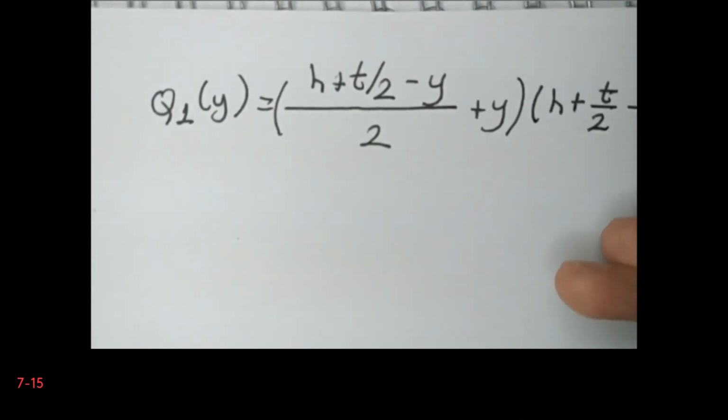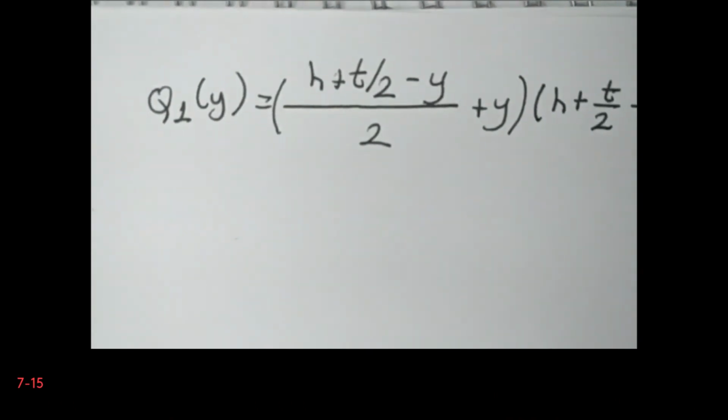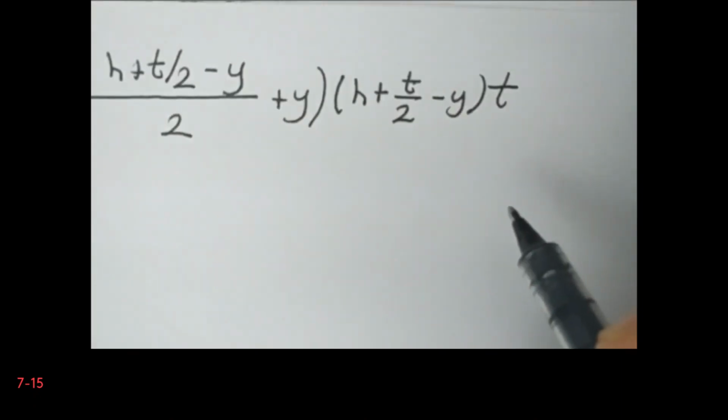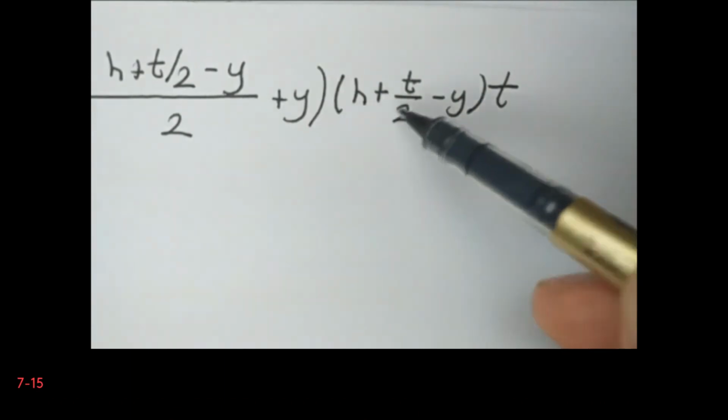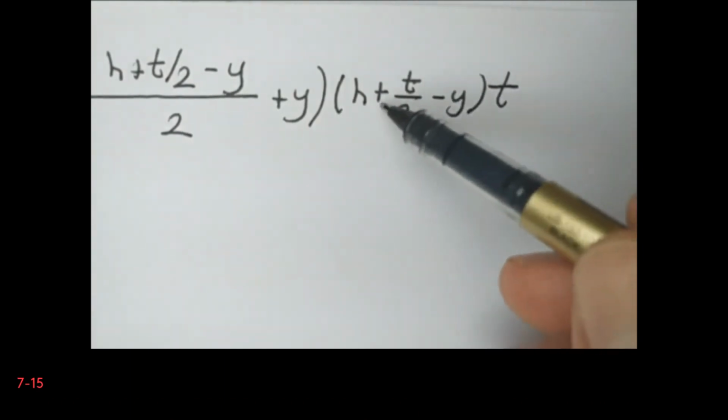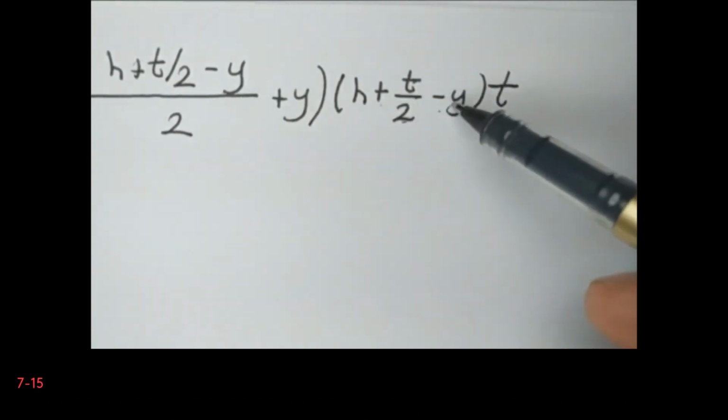Multiplied by t. Again, this is the area. So h plus t divided by 2 minus y is the height of that area multiplied by t.